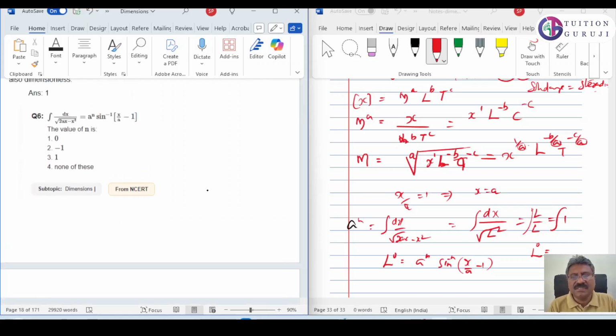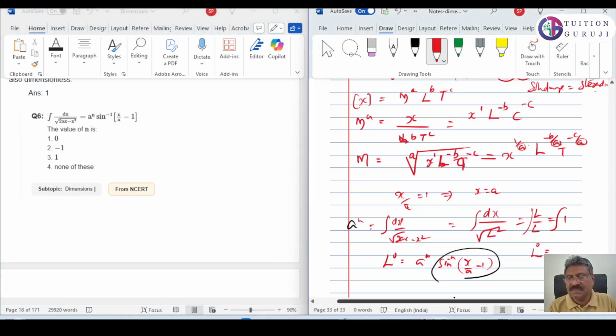This sine inverse x by A minus 1 is actually dimensionless. So we are getting L raised to 0 is equal to A raised to n. To get 1, the power of A should be 0. That means n should be equal to 0.